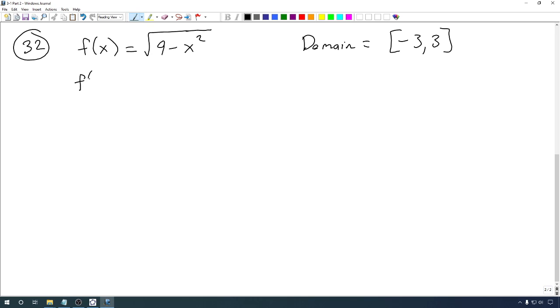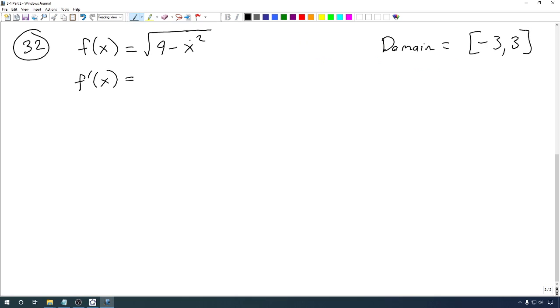But we do start again with our derivative. Now note here that we do have to deal with the fact that we have a square root. In fact, maybe we want to rewrite our function as a 1/2 power. So we have 9 minus x squared to the 1/2 power. And then we use, I'm going to call it the chain rule.